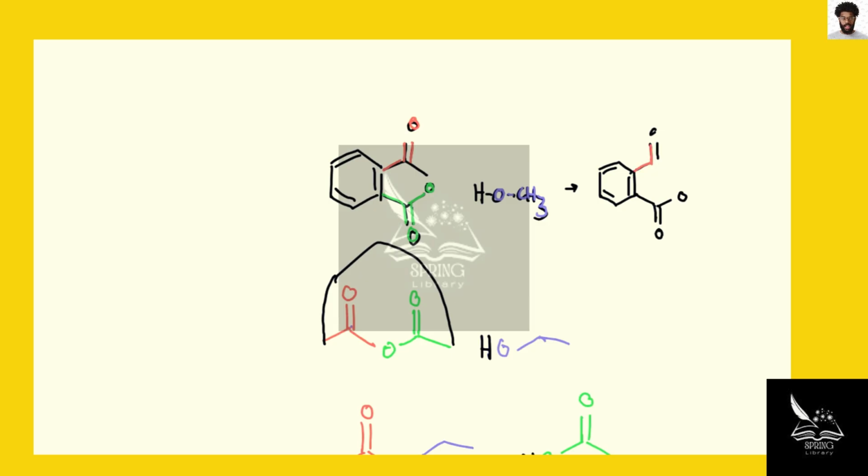So we know this is our red portion. And we know this is our green portion. And we know that the green portion gets a hydrogen. And that the red portion gets the blue OR group from our alcohol. Like so.